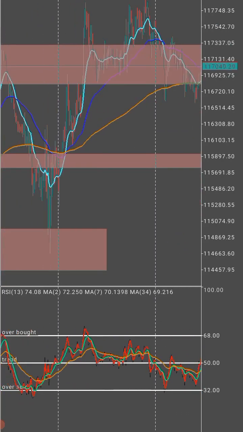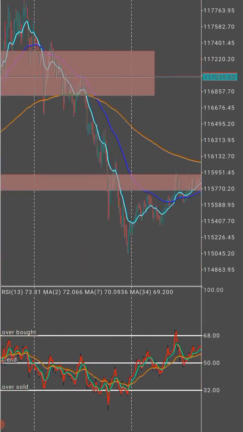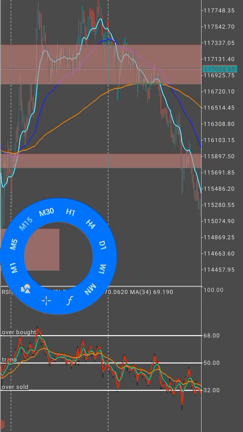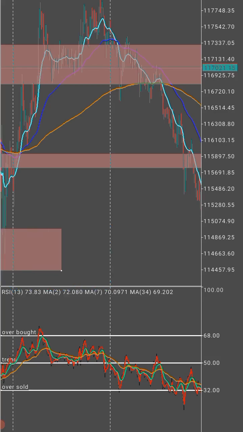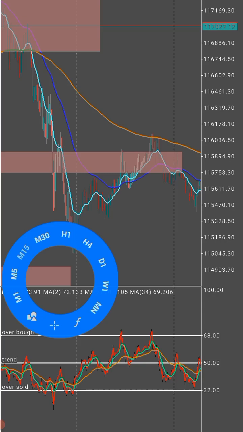Now look at it. What you will do is come back to your previous support and resistance.